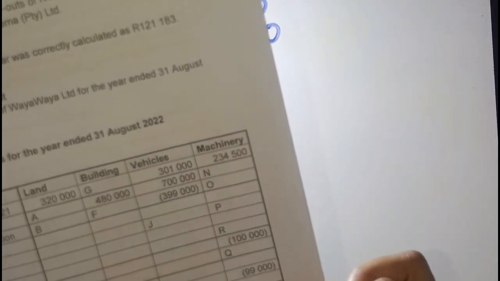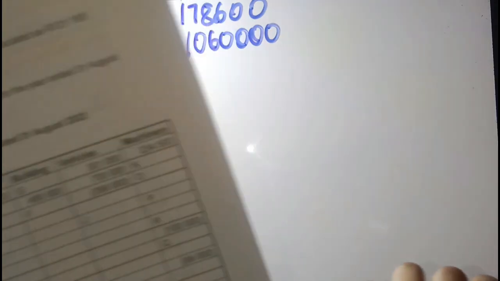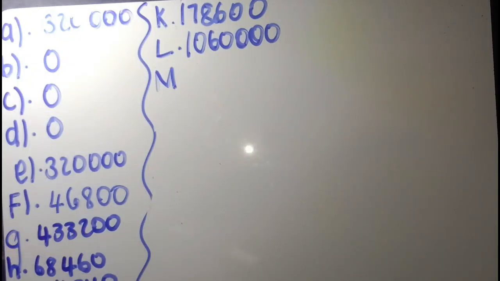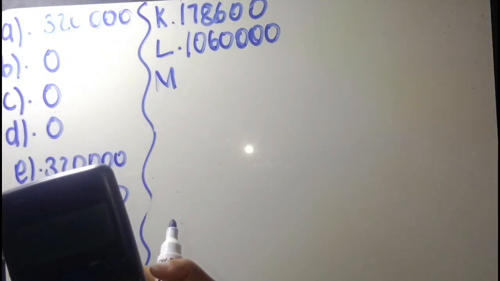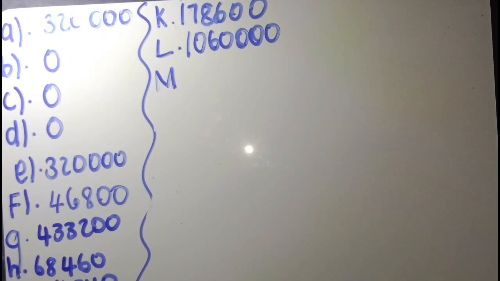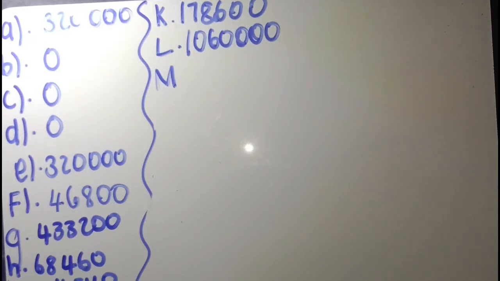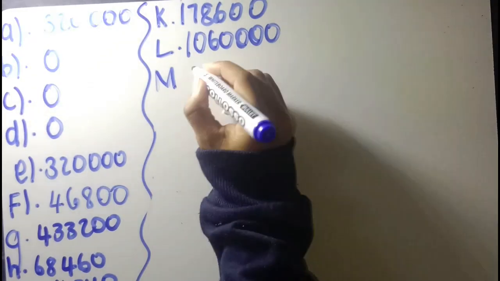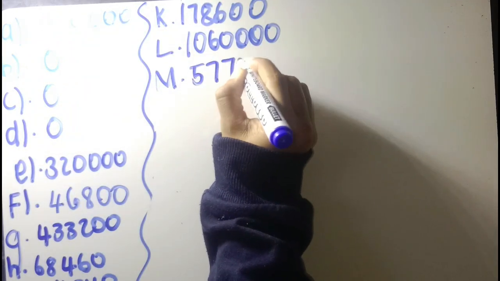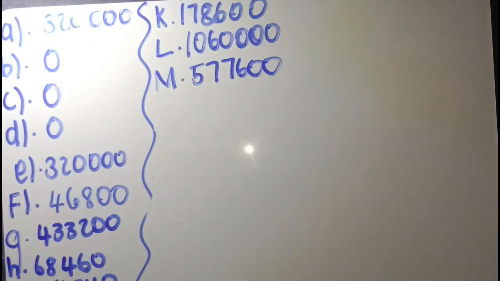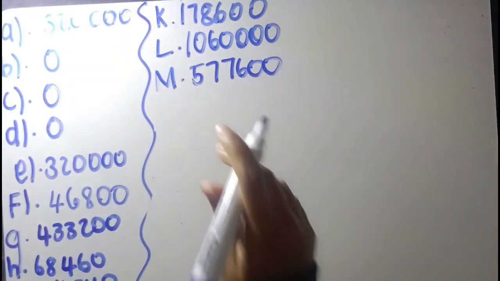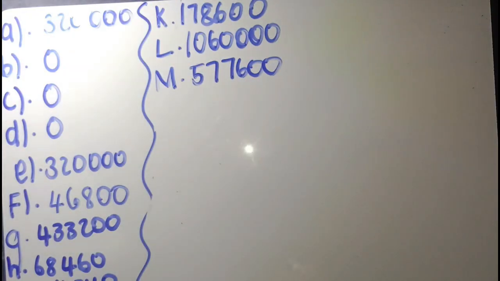You take this amount, you subtract this, and you're supposed to say 10600 minus 482,400. That should give you 577,600. Or what you could do is take the accumulated depreciation at the beginning, add your depreciation, you should get the same amount.